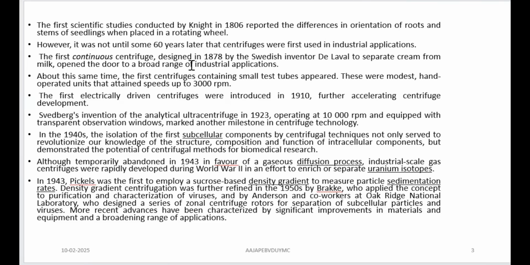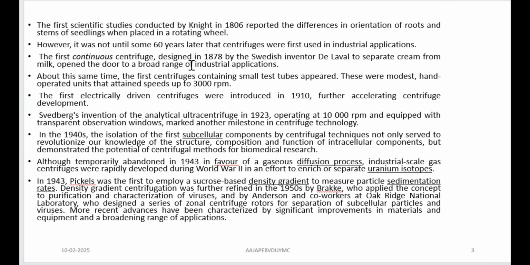In 1878 he prepared a continuous centrifuge, which has a lot of applications in industry. The speed of centrifugation at that time was as low as 3000 rpm only.